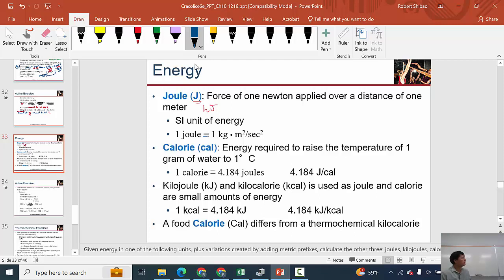Whereas the calorie has a different definition. The definition here is 1 calorie is defined as the energy required to raise the temperature of 1 gram of water by 1 degree C. So if you had 1 gram of water and you increase the temperature by 1 degree C, so it's still 1 gram of water, but it's 1 degree C higher.